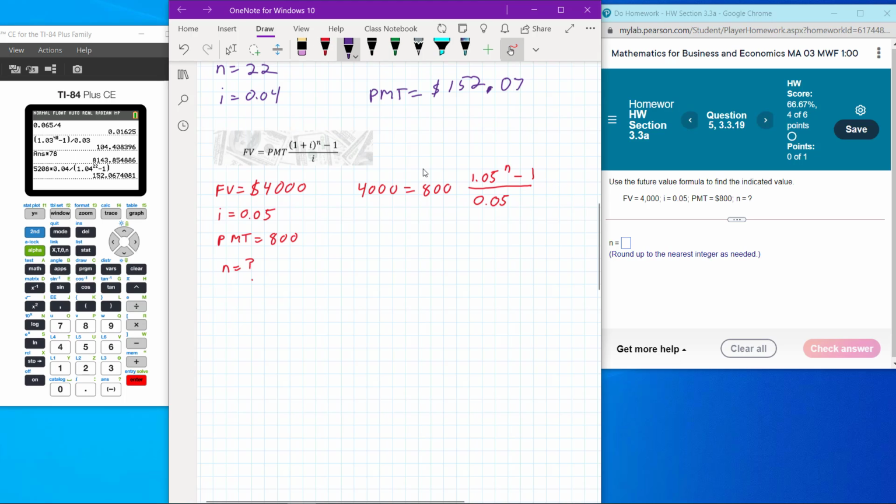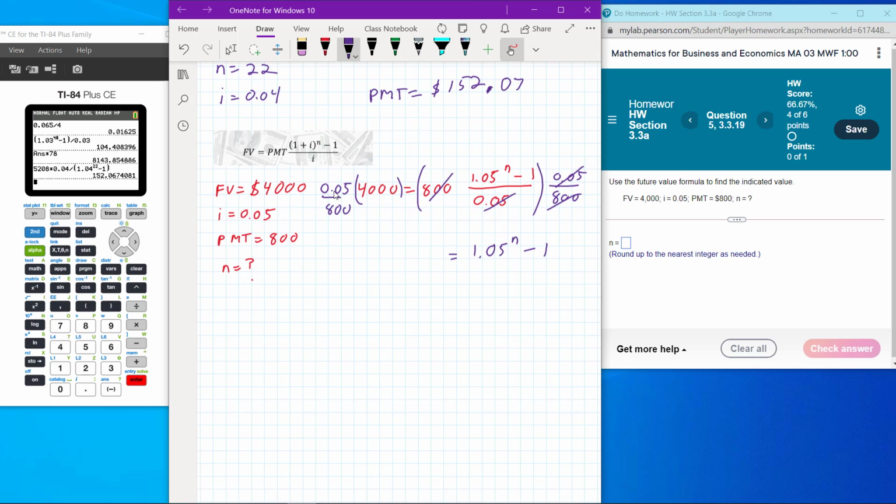And then we can divide both sides of the equation by 800. If I do, this cancels with that 800, and this 0.05 cancels with this 0.05, and we have on the right hand side 1.05 raised to the nth power minus 1.